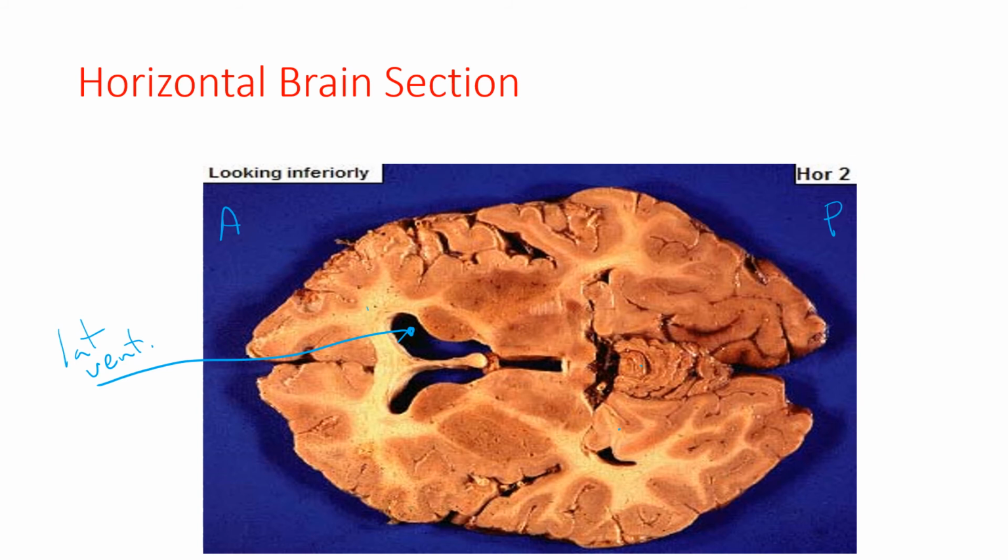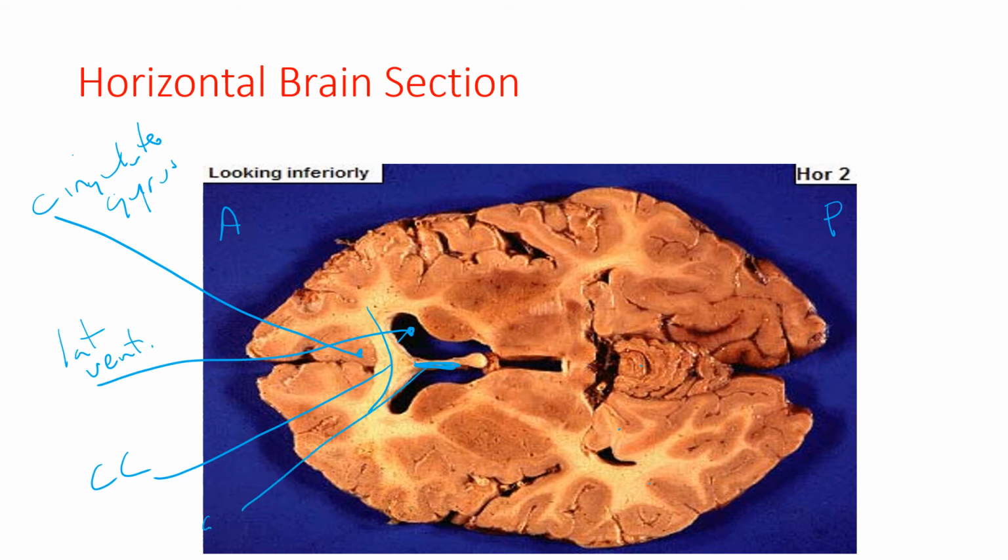And so therefore, we can see a corpus callosum. We can see a cingulate gyrus. We can see the septum pellucidum. We can see a fornix. And we can see the caudate nucleus.